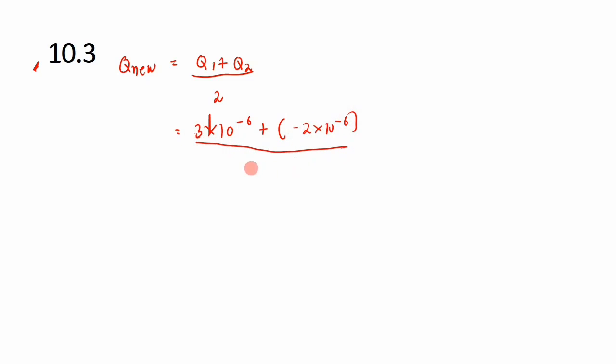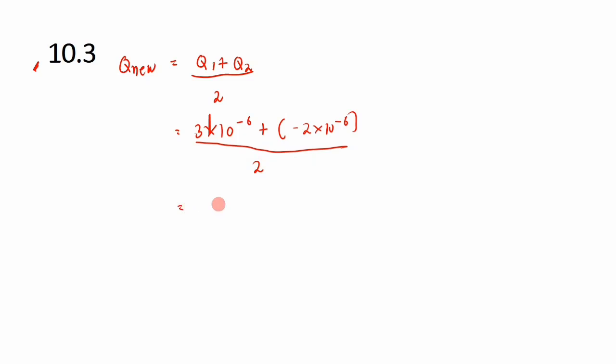Then for 10.3, we have the formula to calculate the new charge. The formula goes Q new is equal to Q1 plus Q2 over 2. So for Q1, we substitute the value for sphere A, which is 3 times 10 to the exponent of negative 6, then plus the value for sphere B, negative 2 times 10 to the exponent of negative 6, and then over 2.